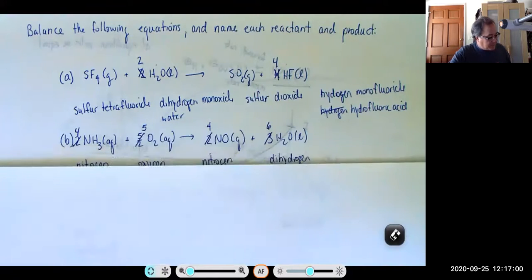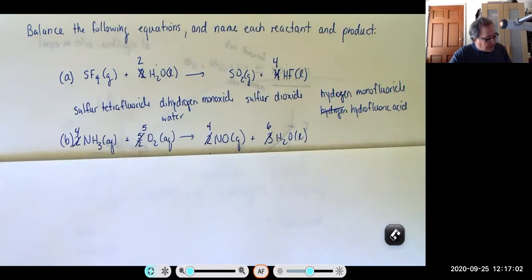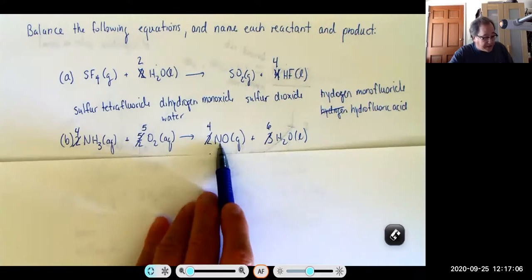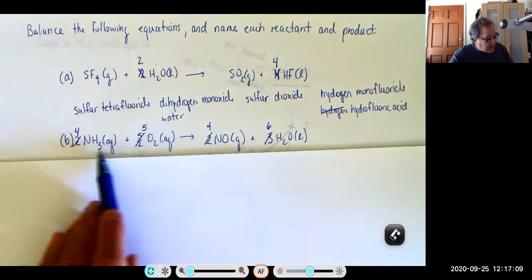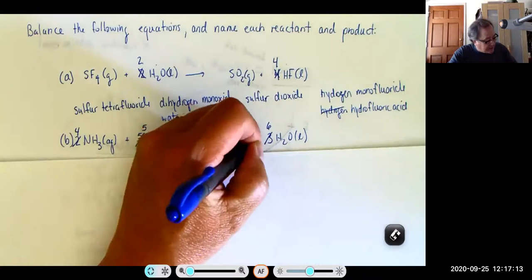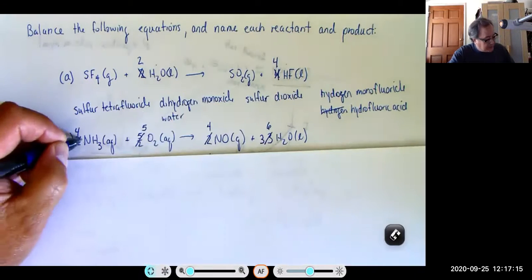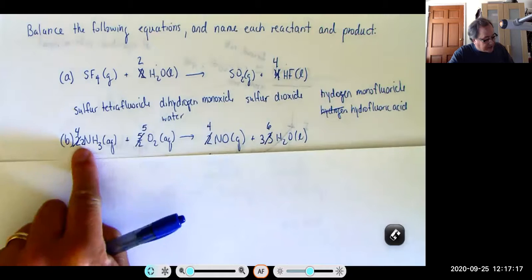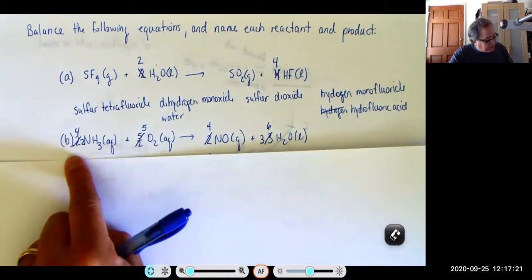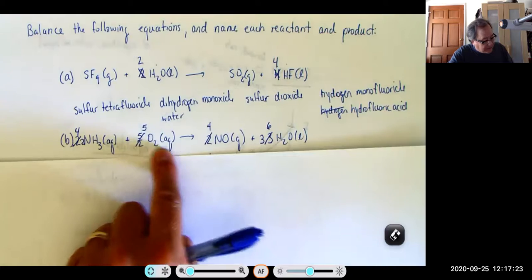All right, so this next one, if you look at the evolution here, we have 1 nitrogen, so that's good. 3 hydrogens and 2 hydrogens. So what we ended up doing was we put a 3 here and a 2 here, so that we would have 6 hydrogens and 6 hydrogens. And then we have 2 oxygens here.